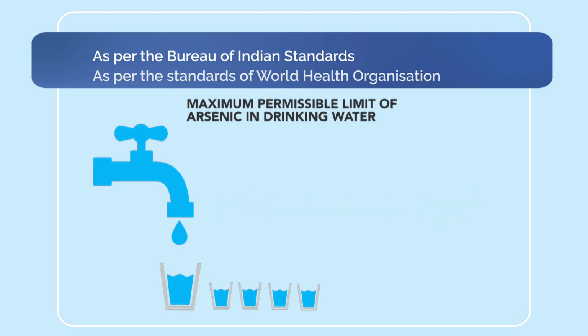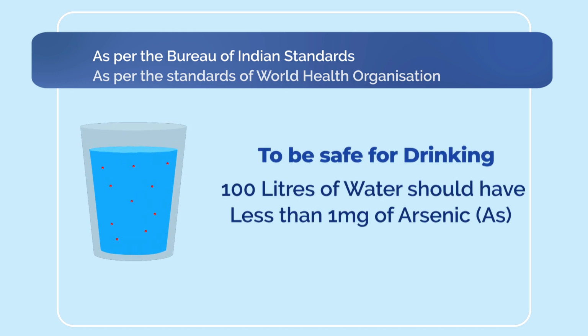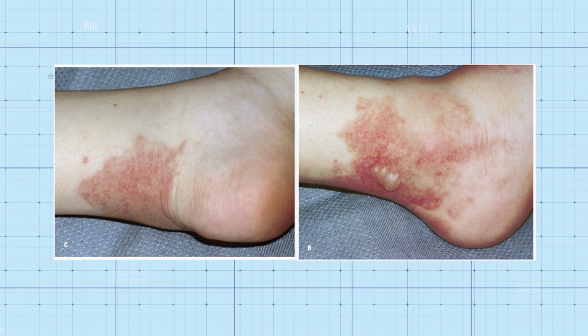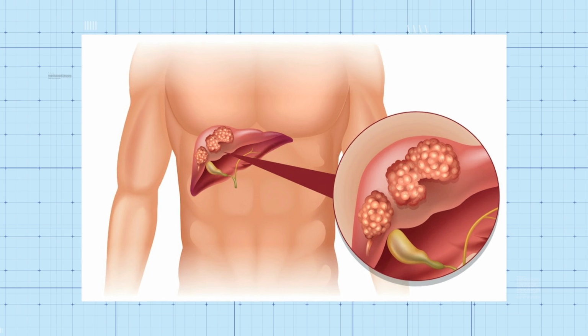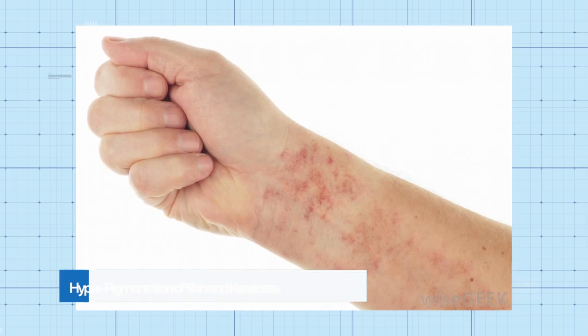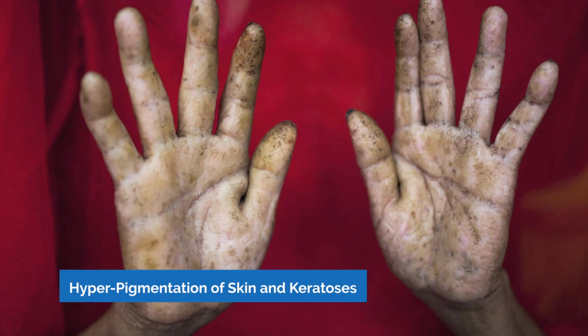That means 100 liters of water should have less than 1 milligram of arsenic to be fit for drinking. Prolonged exposure to arsenic-contaminated drinking water may result in gastrointestinal diseases, cardiovascular disorder, and even cancer. However, the most common effect is hyperpigmentation of skin and keratosis.